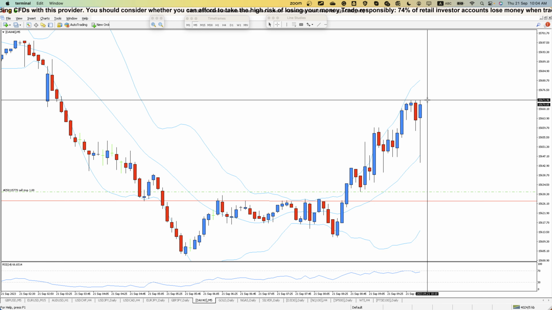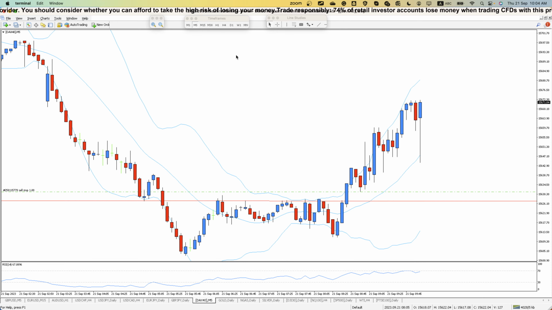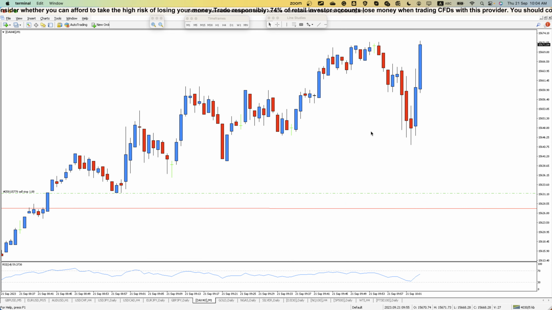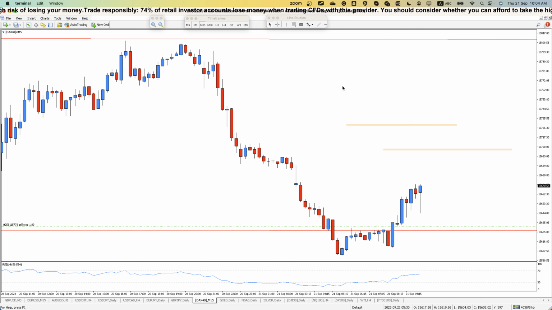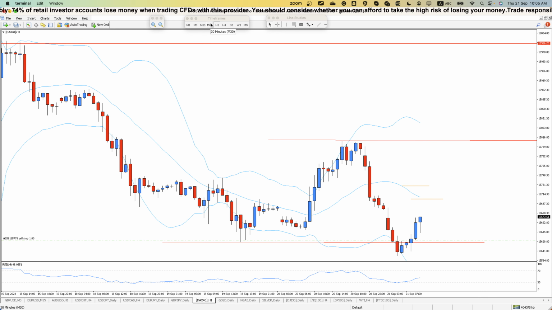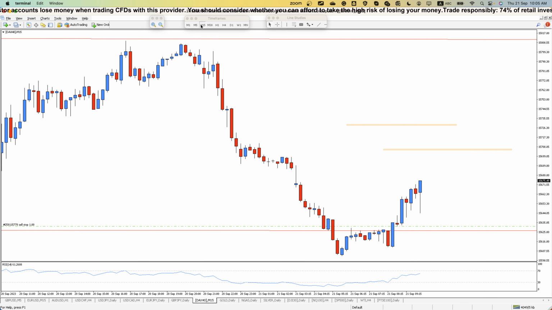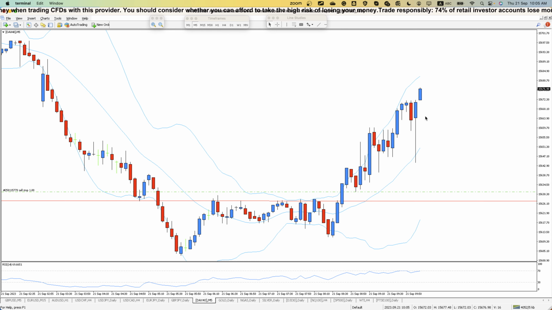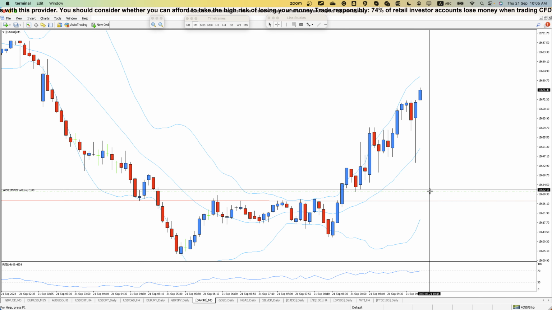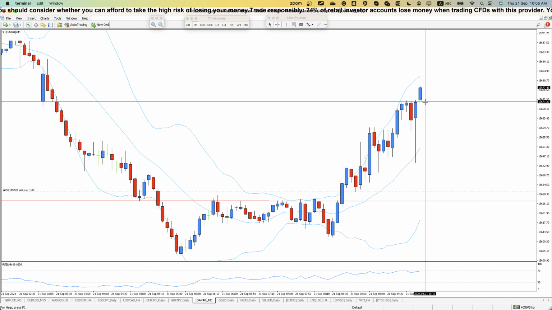DAX broke to the upside, that's good. In the next 15 minutes, if I don't get triggered on the trade, I will cancel the order.